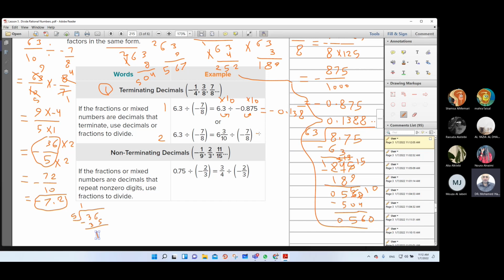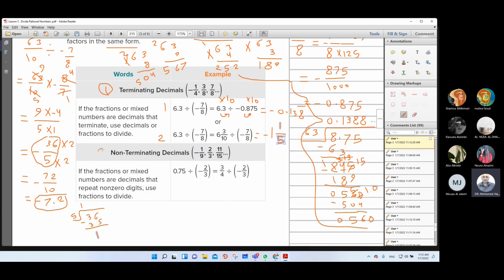So you can write the answer negative. This is the whole number 1. And this is the remainder 1 over 5. This is for the first case.